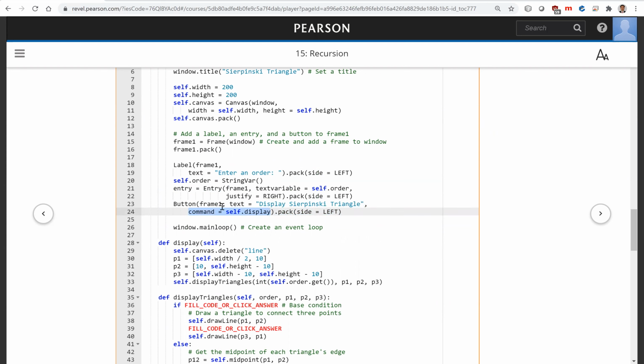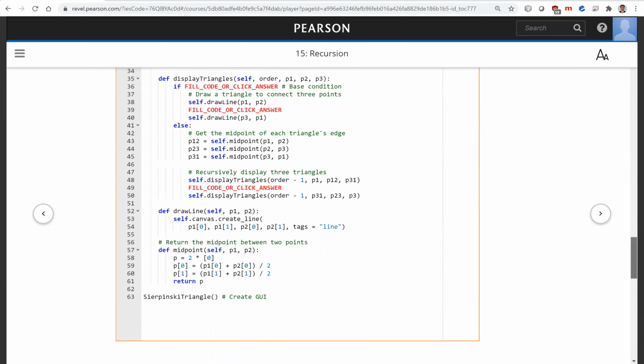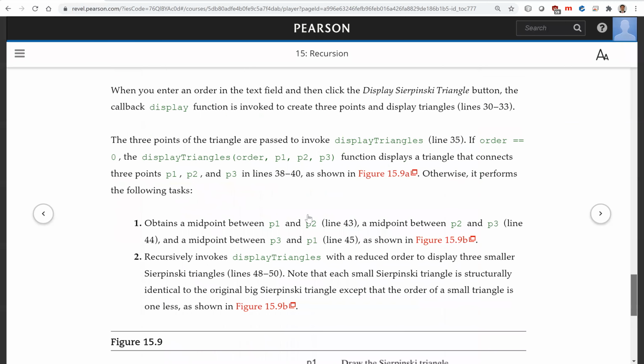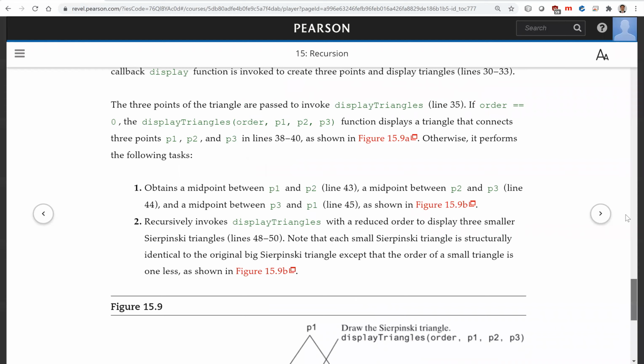This is self.display. So what is self.display? Here we're going to get these 3 points. When you look at the user interface, these are the 3 points, P1, P2, P3.